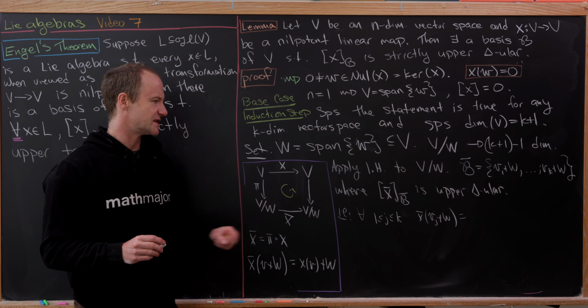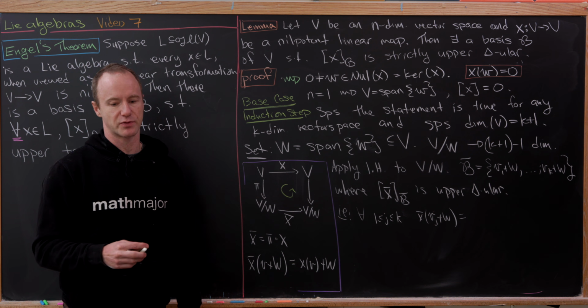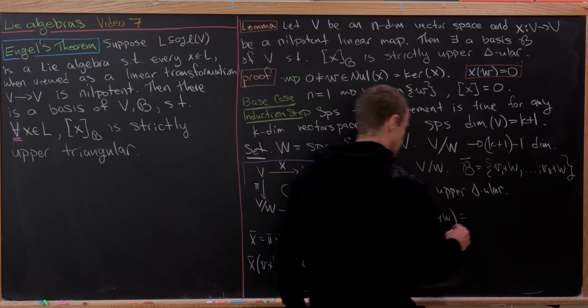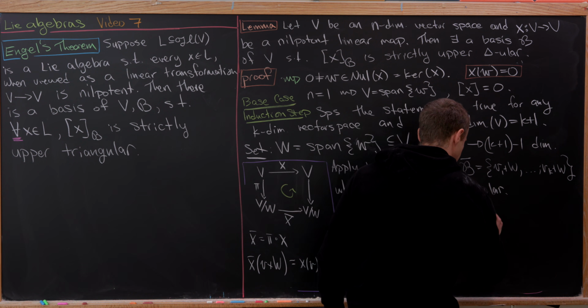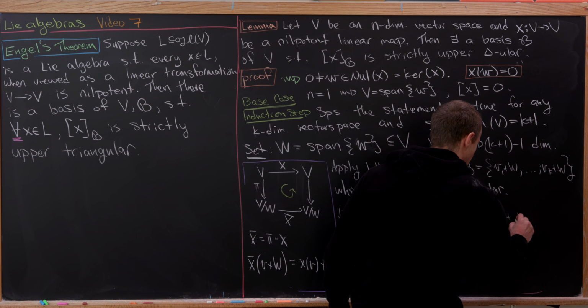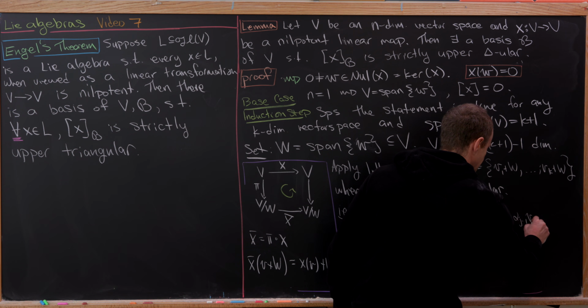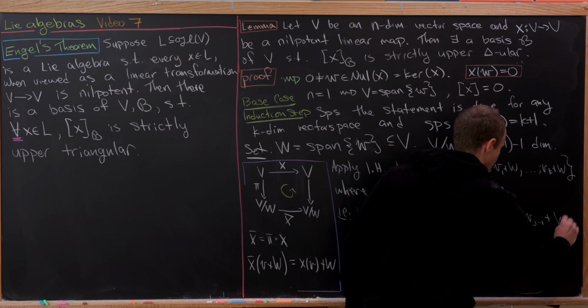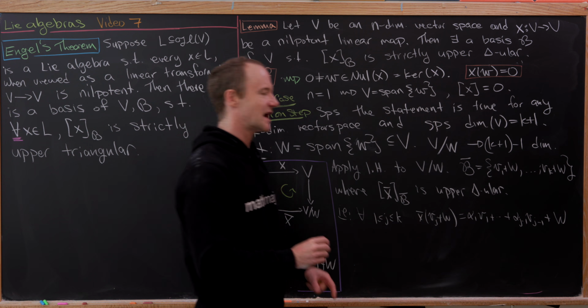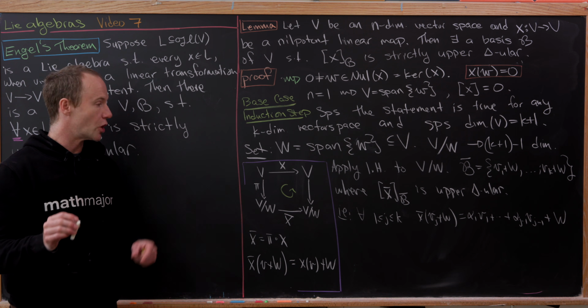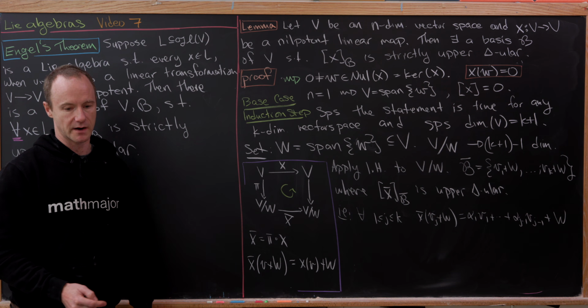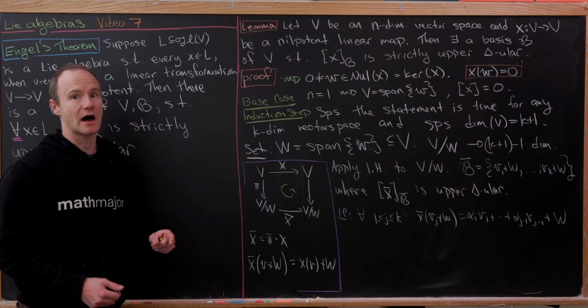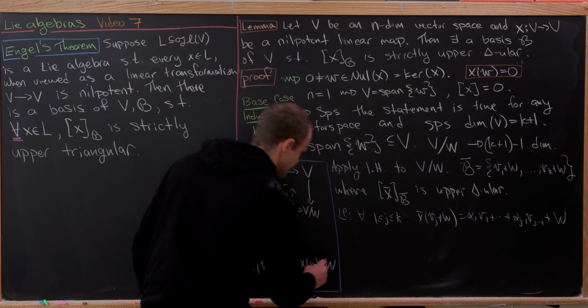That's the technical way of writing down this upper triangularity. In other words, we have this as alpha 1 v1 plus all the way up to alpha j minus 1 vj minus 1 plus W, where I've done the coset addition off the board there.